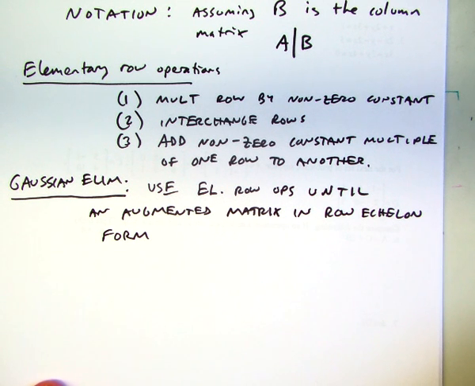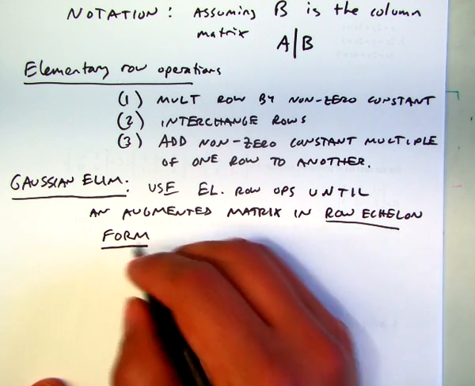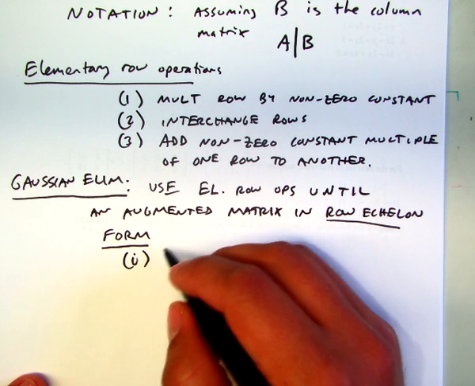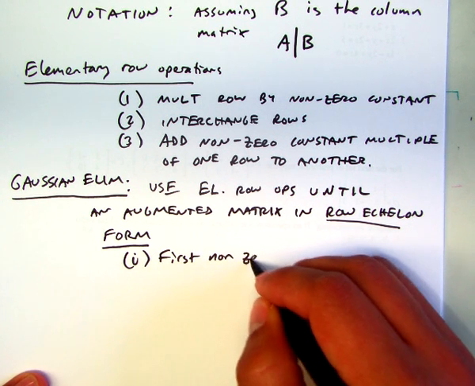And what that means is that one, the first non-zero entry in each row is 1.